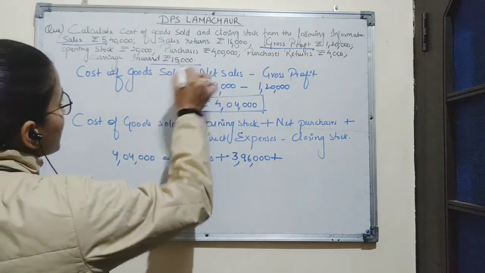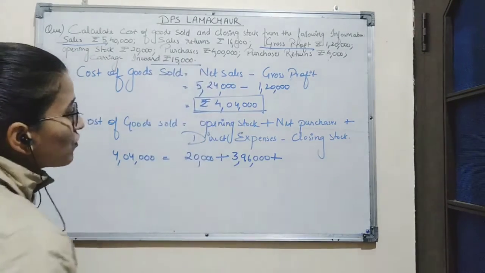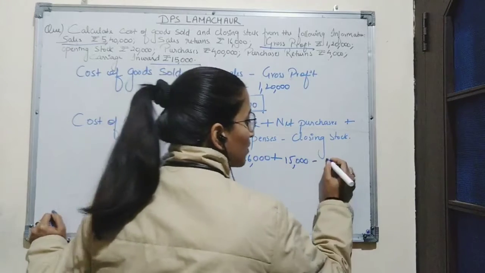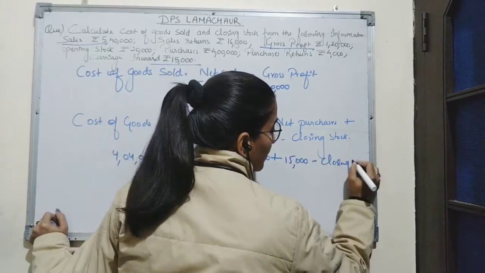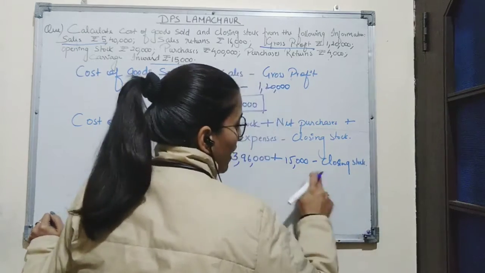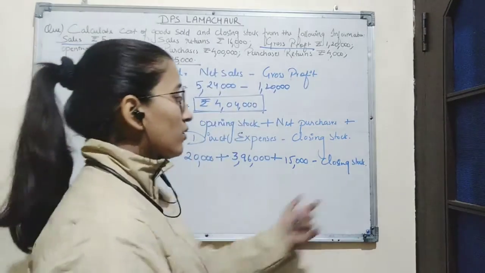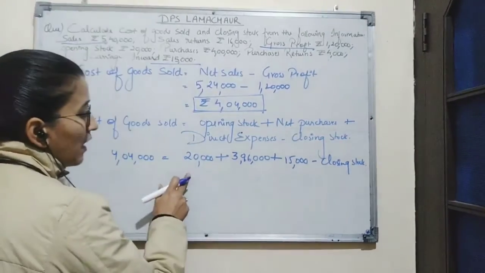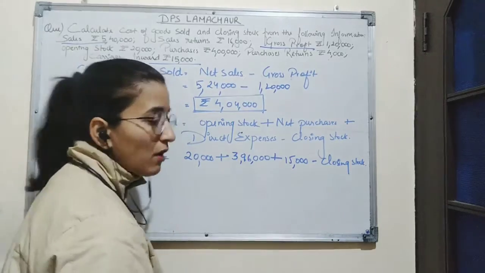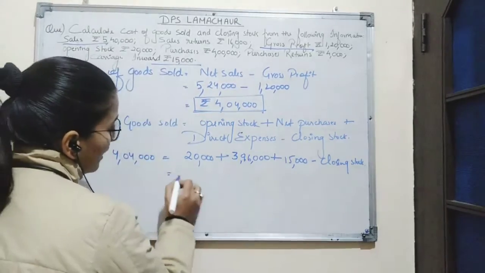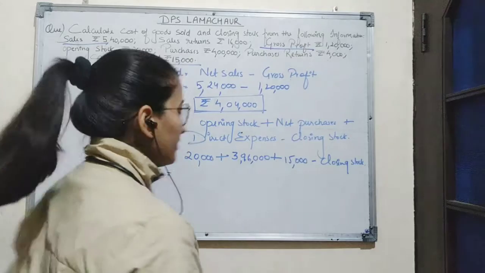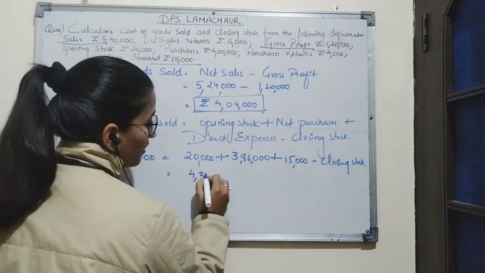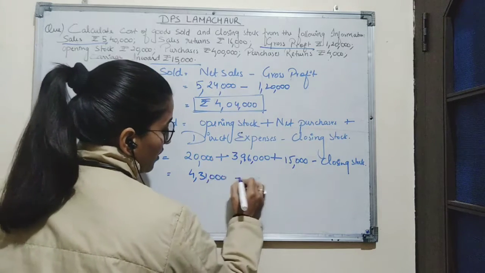So direct expenses here is carriage inwards amounting to rupees 15,000 minus closing stock. As the amount of closing stock is not given, we have to calculate this amount. We'll write the closing stock as it is. So here by adding 20,000 and 15,000, we get the amount rupees 35,000. We'll add this amount in 3,96,000. The amount we get by adding is rupees 4,31,000.